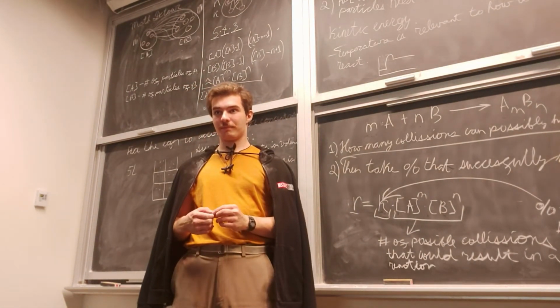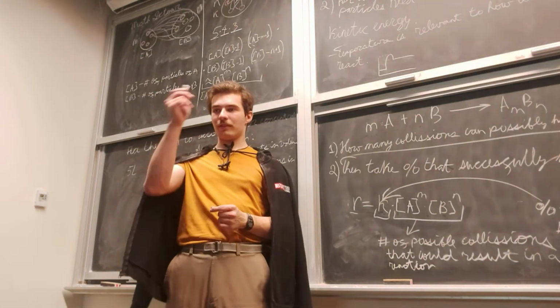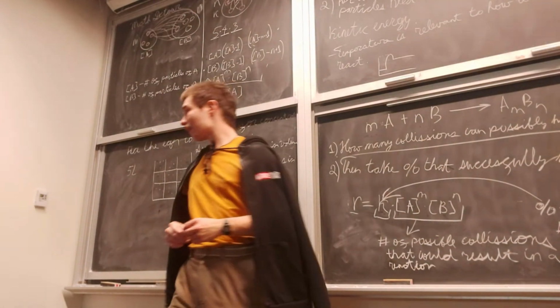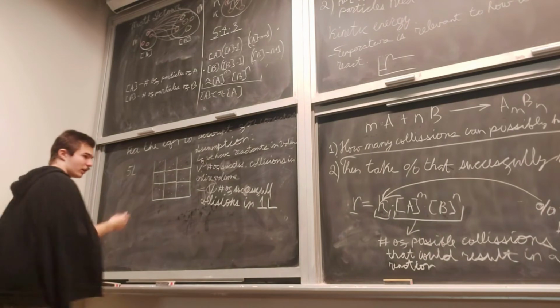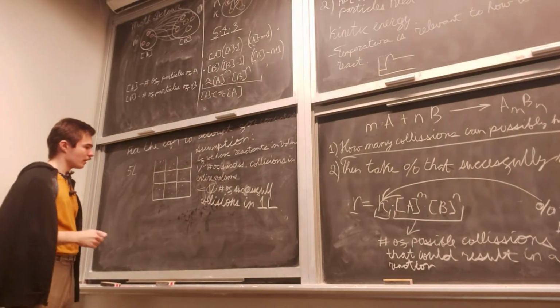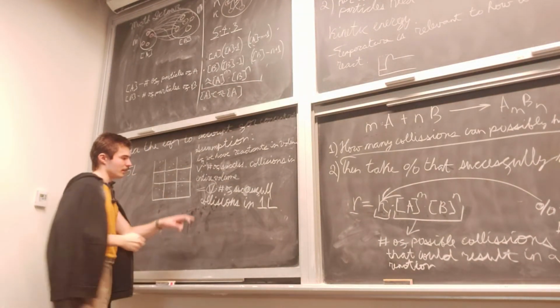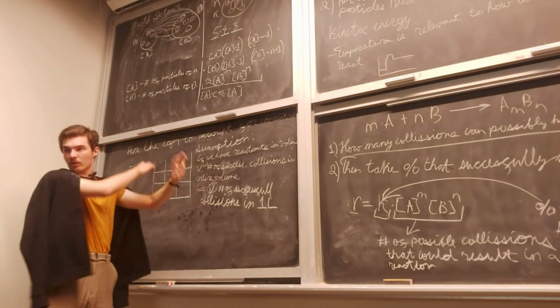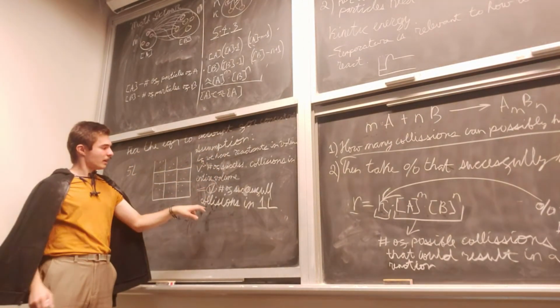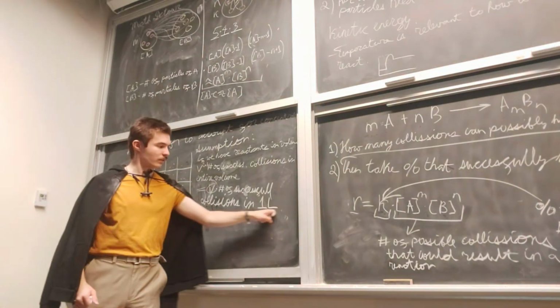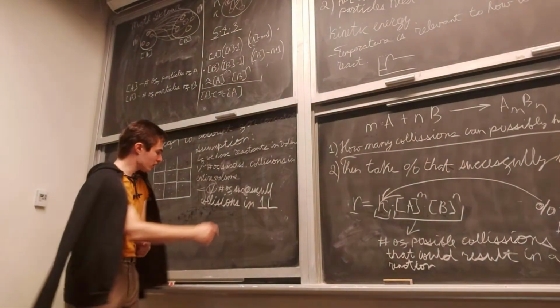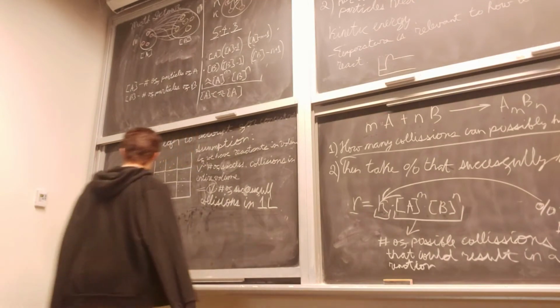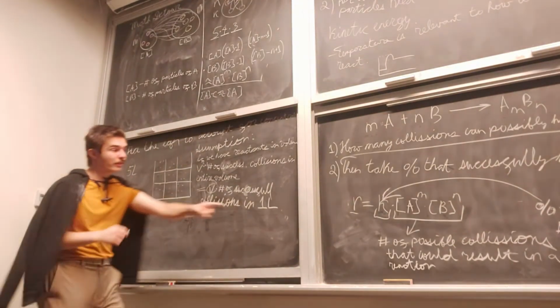What is the number of particles of A in 1 liter? That is the concentration of A. So if we know V, we don't need to find the total number of things that successfully collided. It's enough to know the number of successful collisions in a single liter. So we're now going to focus our attention on that and convert this equation.